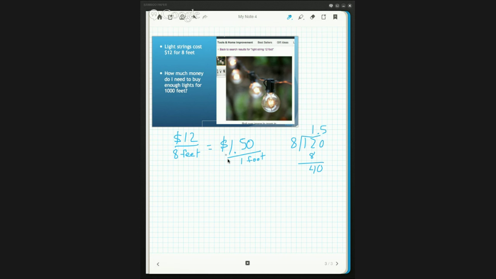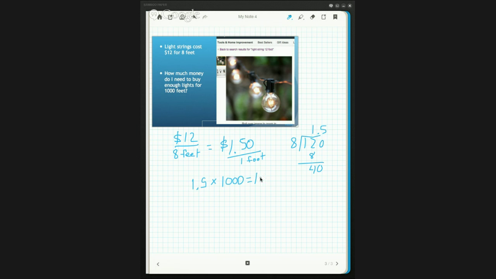So now we can say if it's $1.50 for a foot and we need 1,000 feet, we can simply take our $1.50, write it as a decimal, and multiply that by 1,000. As we know, if we multiply a number by 1,000, it's the same thing as moving the decimal 3 spots.